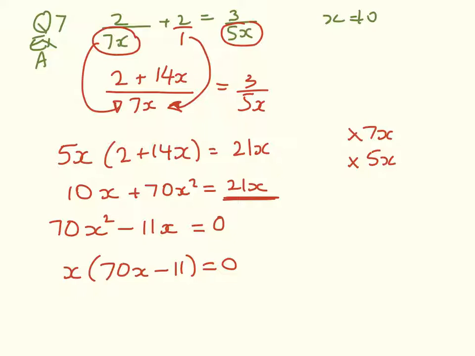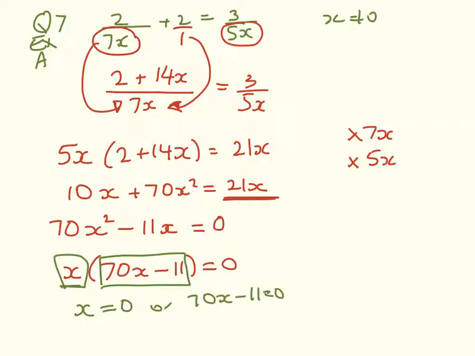So what will make that equal 0? Well, two things. Either this factor equals 0 or this one equals 0. So I start my usual process and I say x equals 0 or 70x minus 11 equals 0. This one gives me 70x equals 11. x equals 11 over 70.